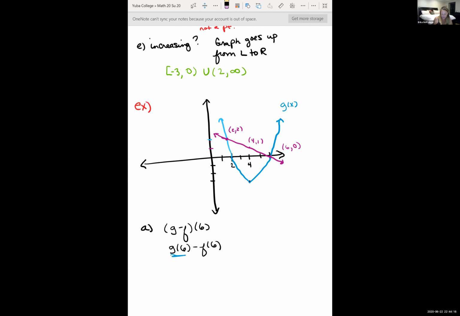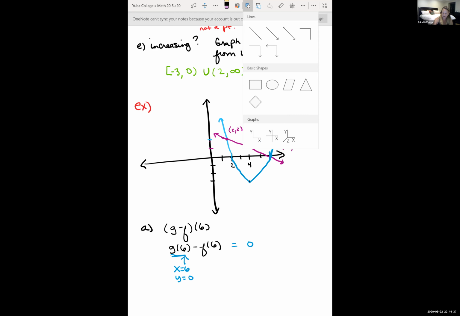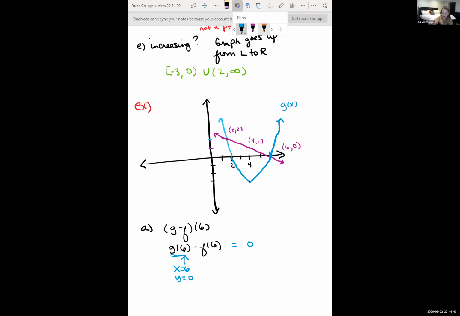So when x equals 6 here, what is your y value? When x is 6 here, my y value is 0. So this is actually equal to 0 minus f of 6. So when x equals 6, y is also 0. So g of 6 minus f of 6, or g minus f of 6, is equal to 0.